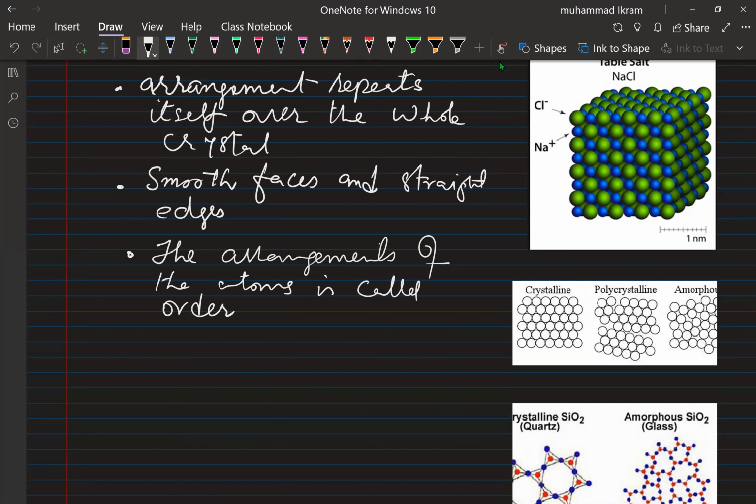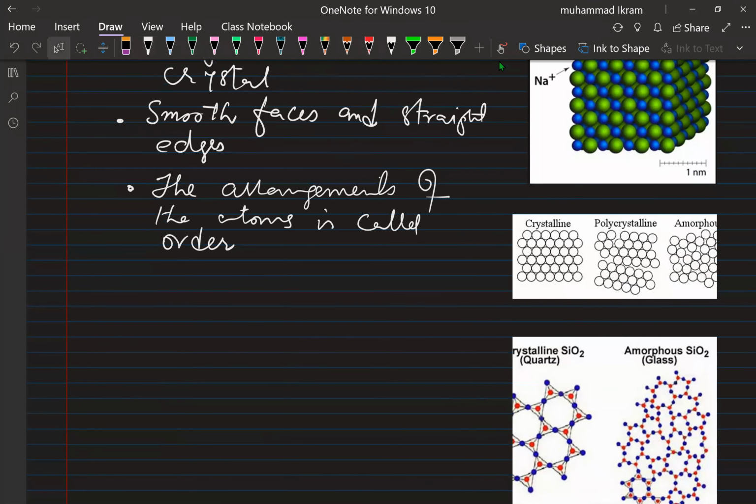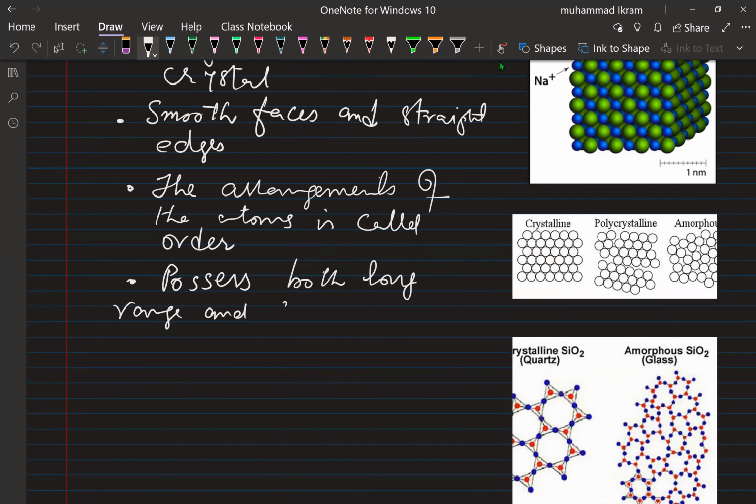They have different order shapes. A crystal possesses both short range and long range order.